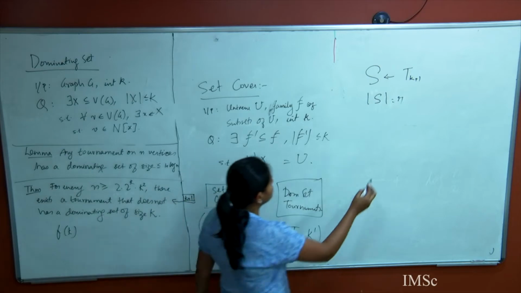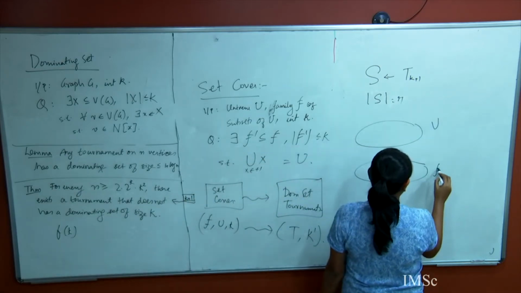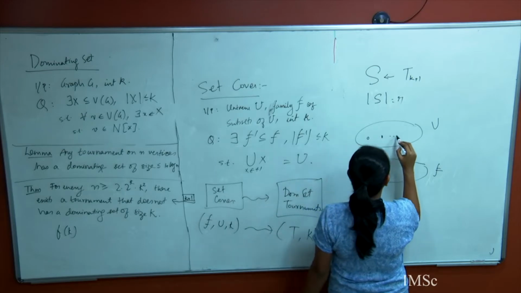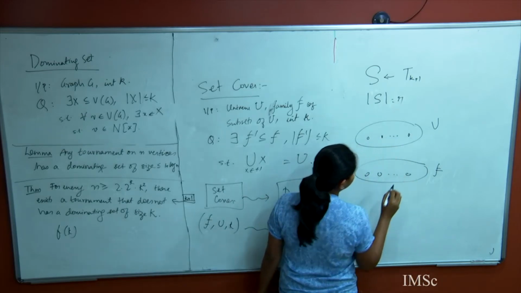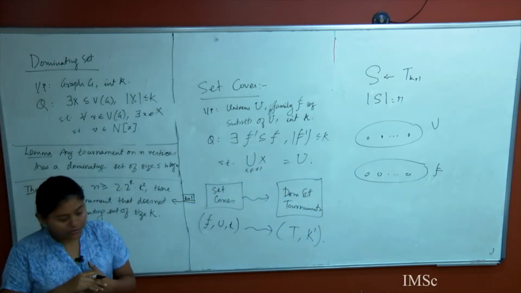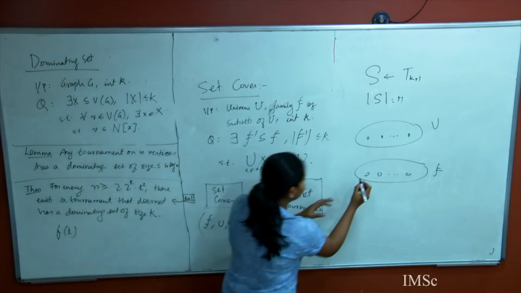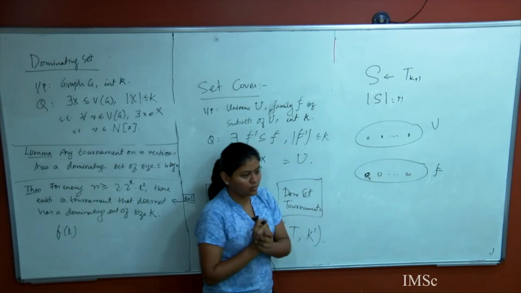So we have the universe U, and we have this family of sets F. Okay. So firstly, for every set X in the family, we will create one vertex.